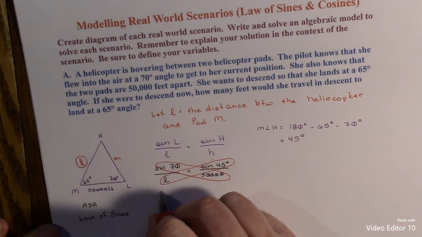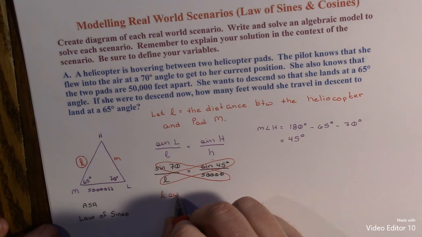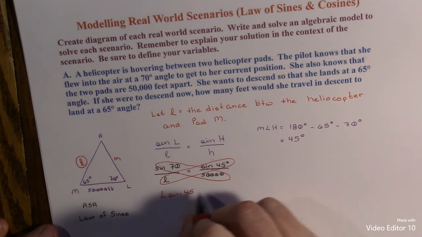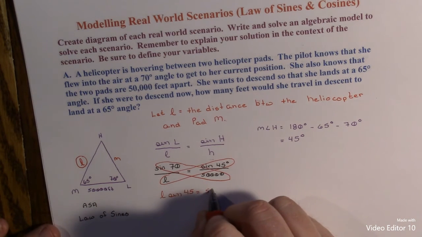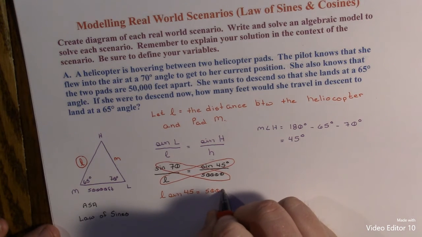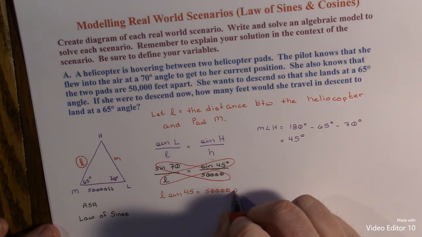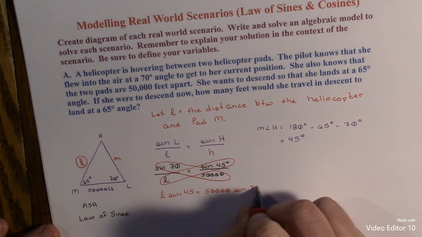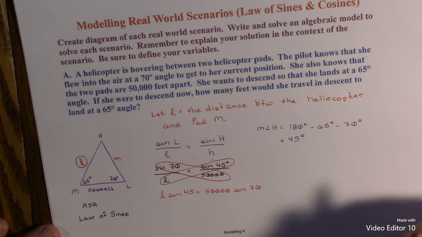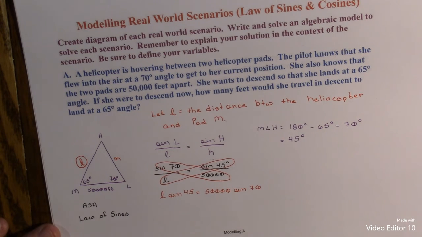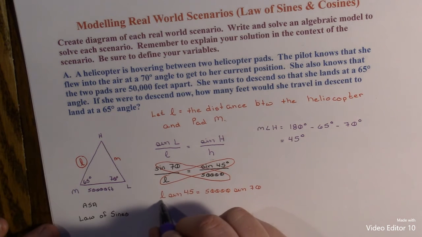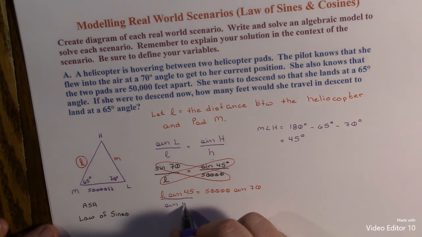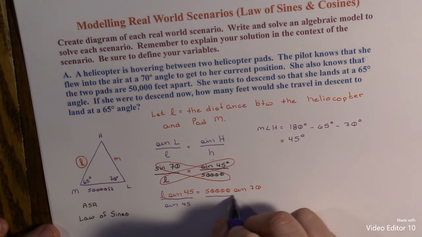So L times the sine of 45 is equal to 50,000 times the sine of 70. Trying to get L by itself, we will have to divide both sides of our equation by sine of 45.